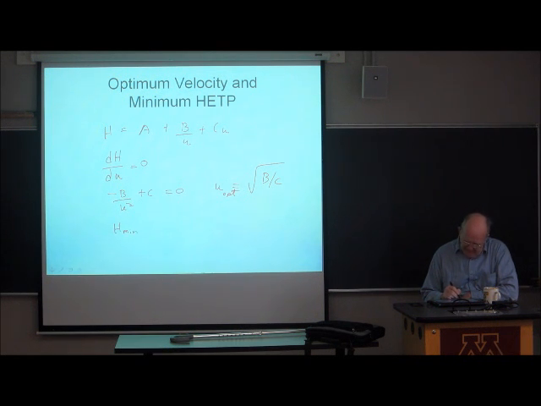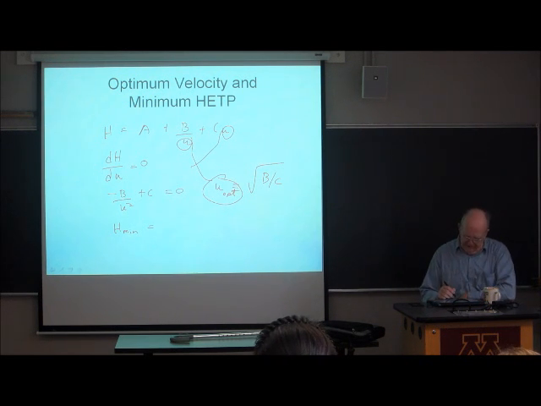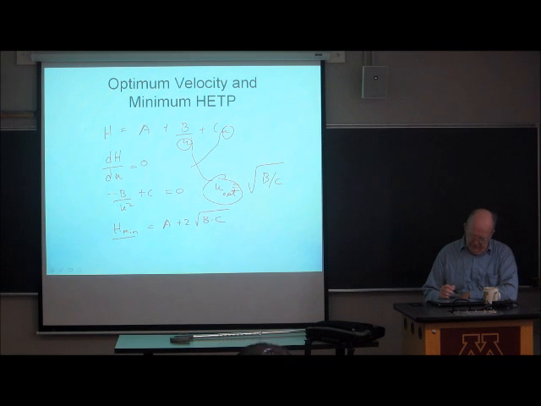You can calculate the minimum plate height by taking this velocity and sticking it in there and crunching through the algebra, and you'll find out that the minimum plate height is equal to A, the constant term of the Van Deemter, plus 2 times the square root of B times C.